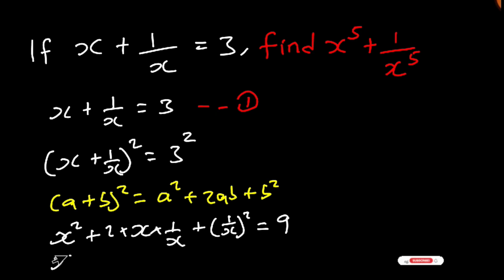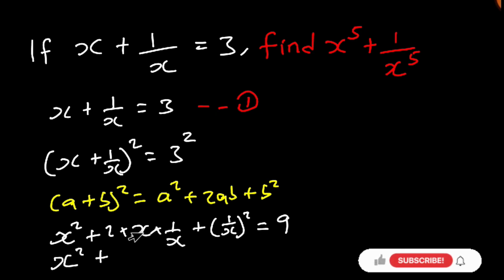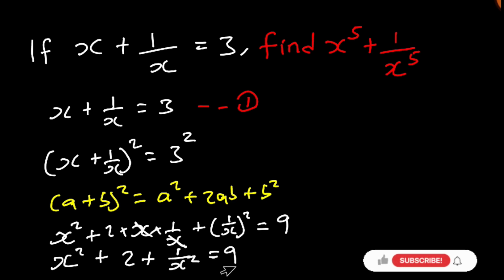So we are going to have x squared plus 2, because this x and this x will cancel, then plus 1 over x squared, and this is equal to 9.